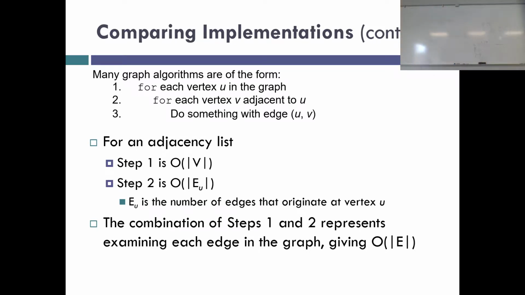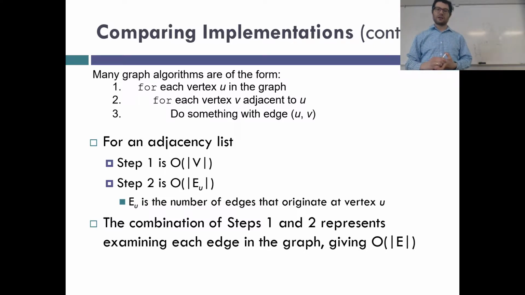So most of the graph algorithms we're going to see are of the form: for every single vertex in the graph, we look at every other vertex adjacent to the vertex I'm looking at. Like for each node, look at each one of its neighbors, and if that neighbor exists, do something for that edge.